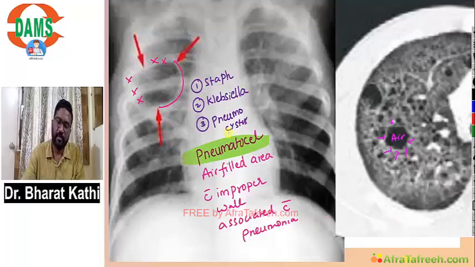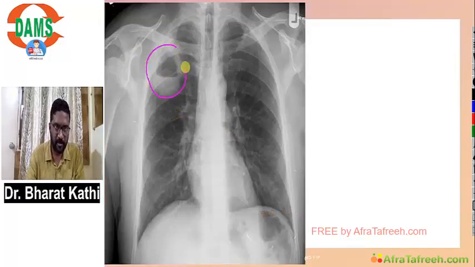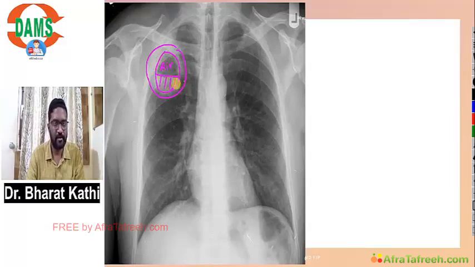Sometimes an air-filled area will have both air and fluid. So this is a well-defined cavity. In that there is air and there is fluid. Now what is this condition called? Lung abscess.